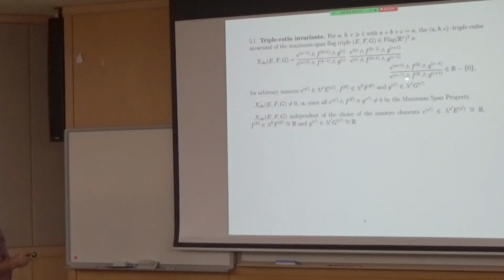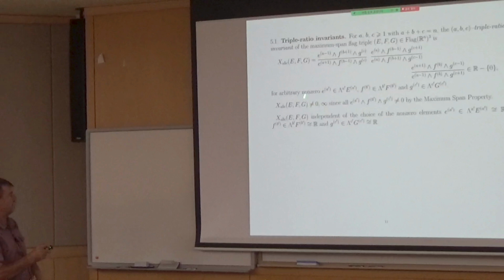You never try to divide by 0. And this is not infinite. And also it's not 0 because at the top also it's not 0. I emphasize that the reason for that is because on the previous slide, I used the maximal span property. Otherwise, I would have problems.